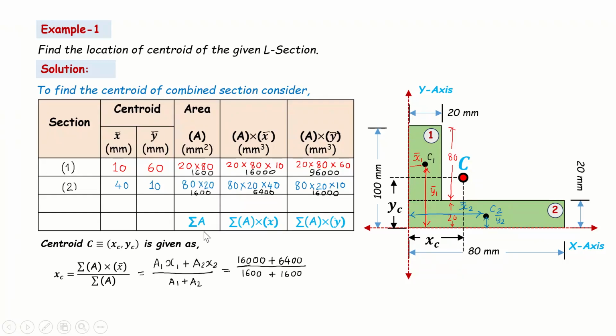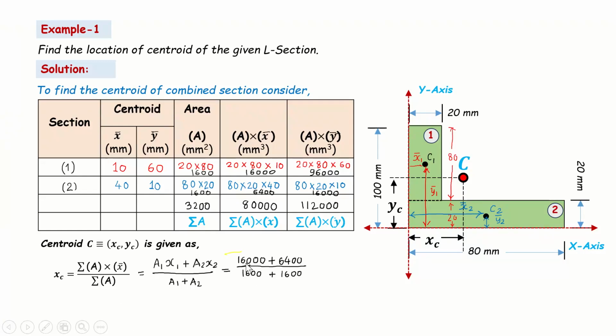So a1 plus a2 is the summation of A, basically. If you add this, you will get 3200 here, and if you add the summation of A into x, this and this value, you will get 80,000 here. And if you add A into y, all these values, you will get 112,000. I have just made it for simplification.